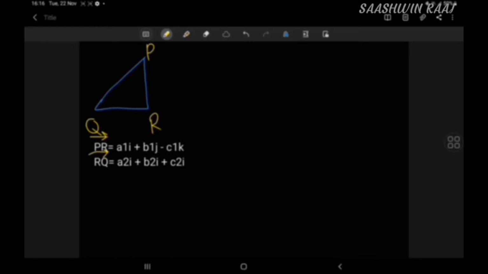And a line is drawn on the equation. So next, the equation should be PQ equals PR plus RQ. This equation should be written in brackets.